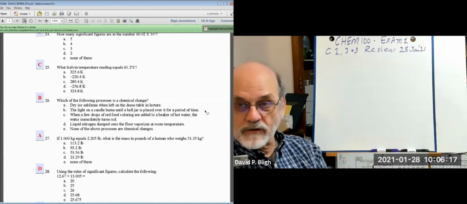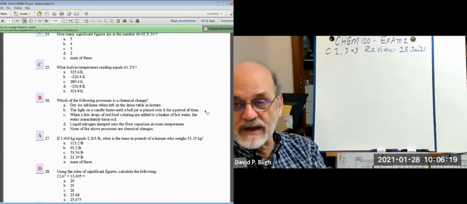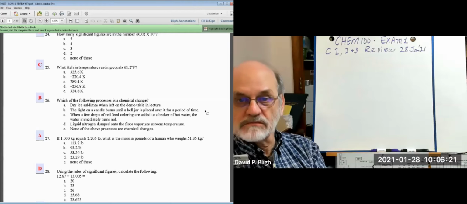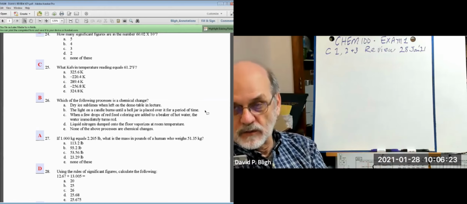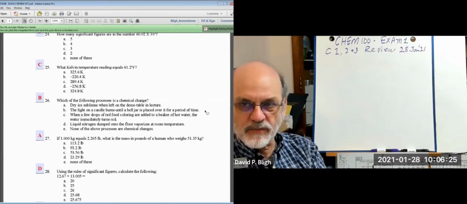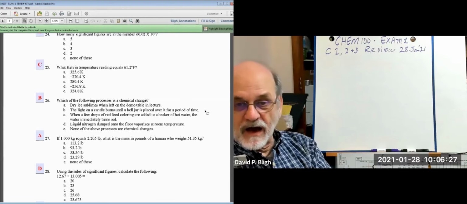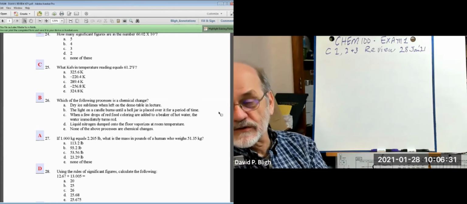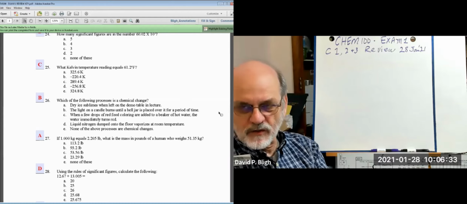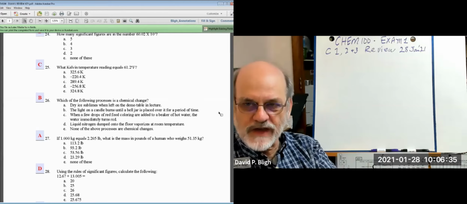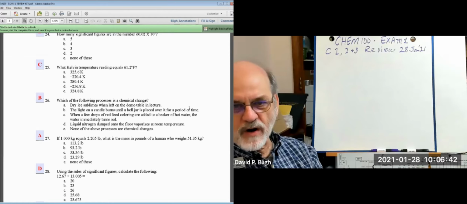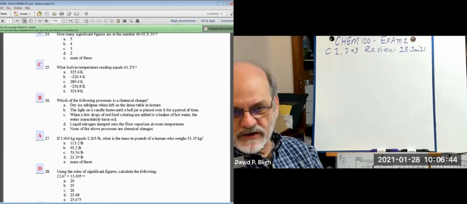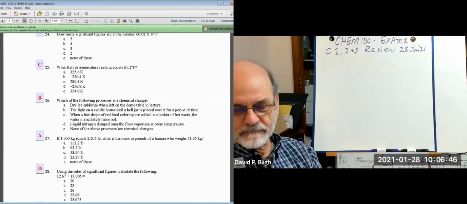Yes, we've gone from wax and oxygen in the bell jar to carbon dioxide and water. We've changed identities of the products. Now, why does it matter that we put a bell jar over it? Well, we've starved it of oxygen. So the reaction runs until the oxygen goes out and then it quits. So really, you don't need to know the bell jar part. The chemical change is here with the burning of the candle.